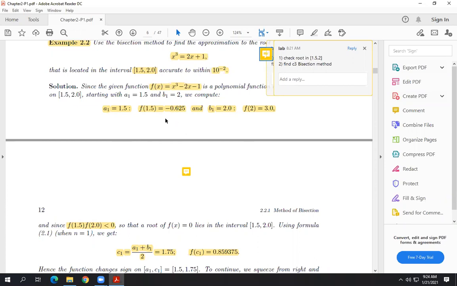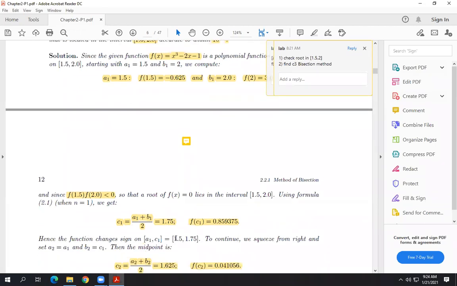Negative. What is it at B1? Positive. Now you have to check the value at C1, which is what? Positive. So what is your new interval now? A1 and C1. This is your new interval, and alpha is inside it now.